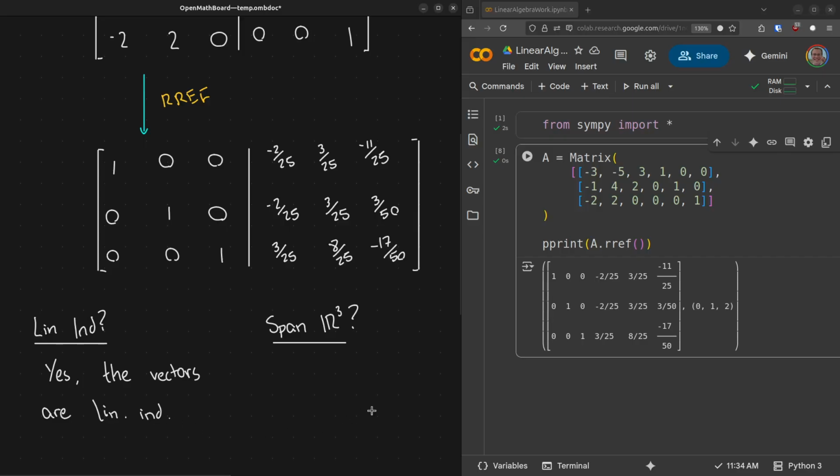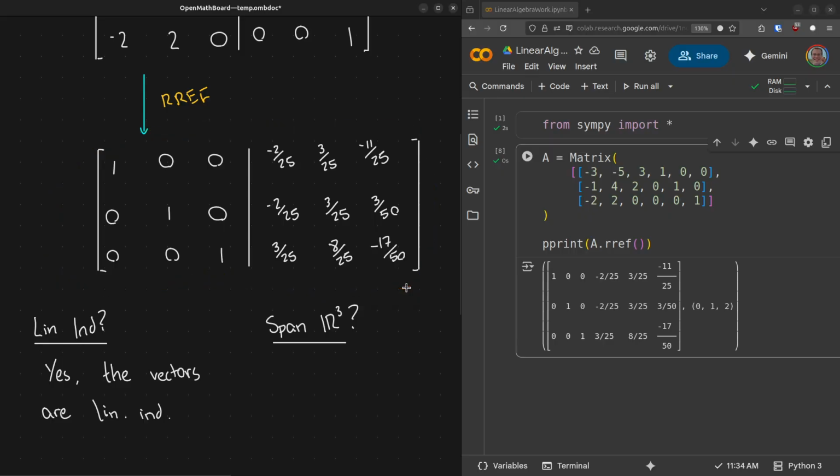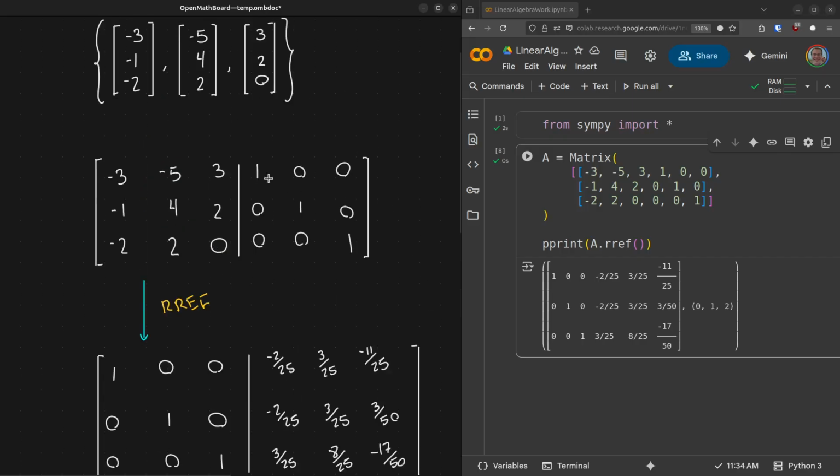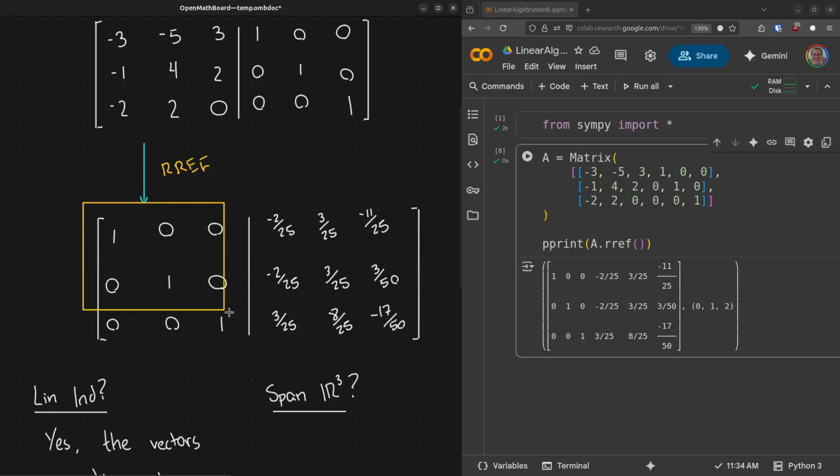Okay. Now, do they span R3? So remember, this is really 3 linear systems of equations with the same coefficient matrix in each system. So for the first system, I'm looking to see if I can express vector i as a linear combination of these vectors. So I'm going to first be looking at this matrix here.